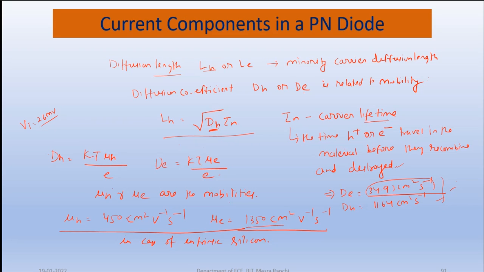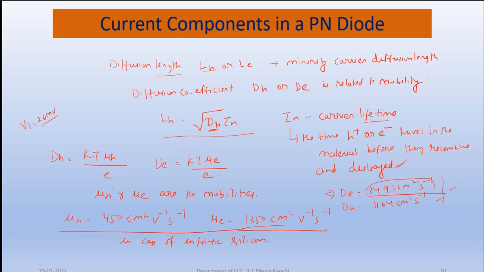So we define the diffusion length LH or LE, the diffusion length for holes and for electrons. This is the minority carrier diffusion length, and there is a diffusion coefficient. It is defined as LH equal to root of DH times tau n. Tau n is the carrier lifetime. It says how long a hole or electron travels in the material before it recombines and is destroyed, right?